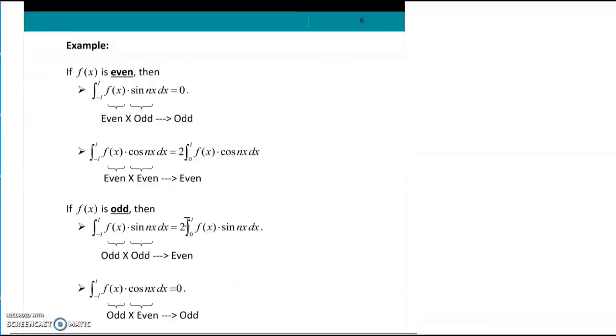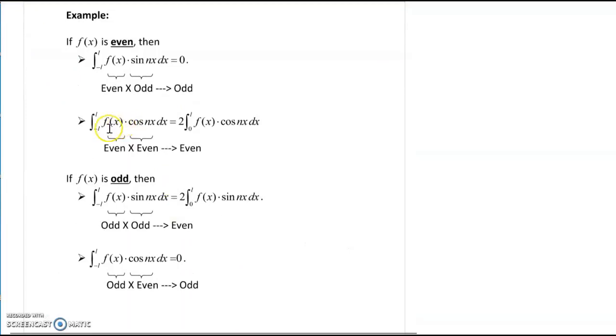Similarly, if you have f(x) times cosine, since f(x) is even, even times even, the whole thing here will be even. Meaning that now we have the integral of the even function from negative L to L. So we can write it as equal to the integral from 0 to L. We take the half part.